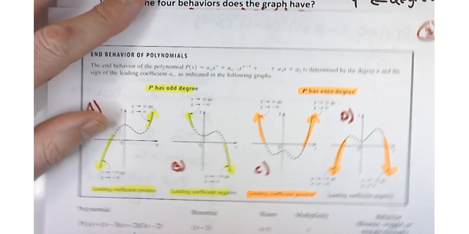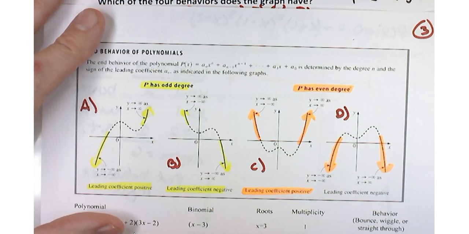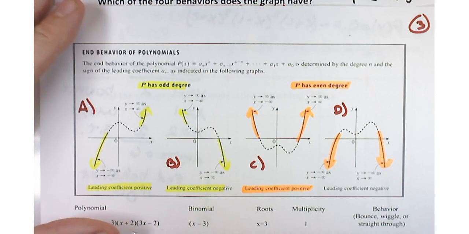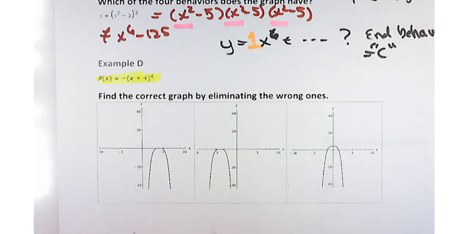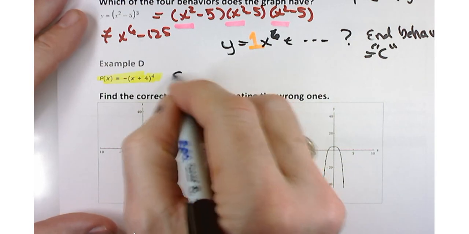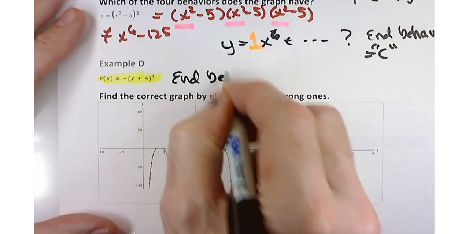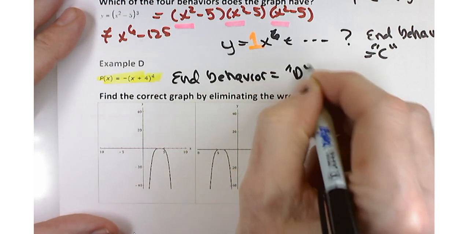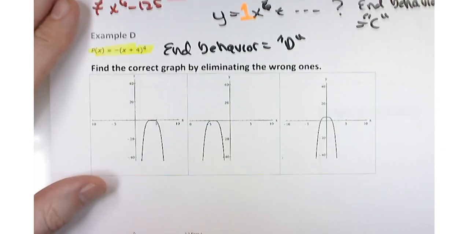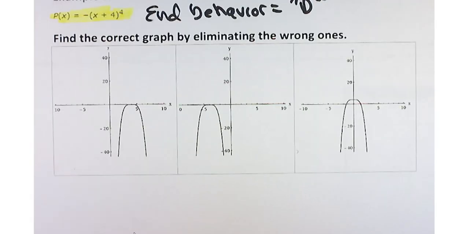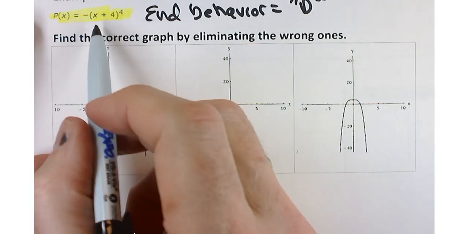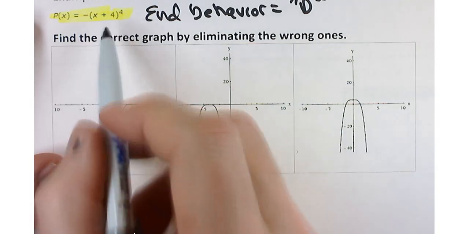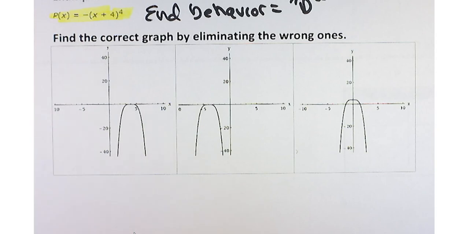So which end behavior is that for us? D. So this is going to have an end behavior D. And unfortunately, that doesn't really eliminate any possibilities here for us, does it? No, it doesn't, which is a bummer. How about something else? Can anyone tell me anything else about this polynomial? Hannah?